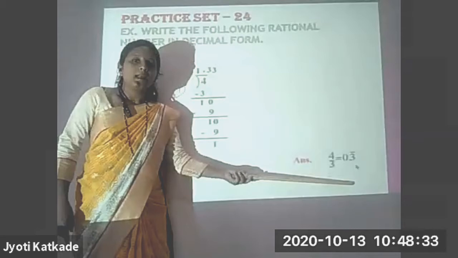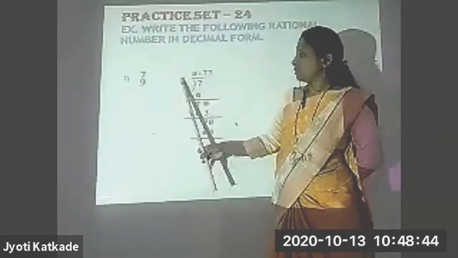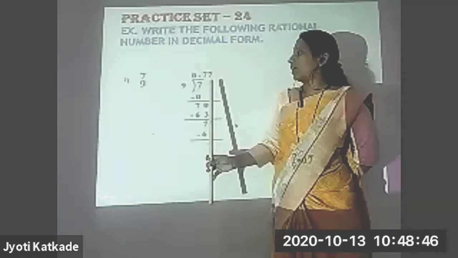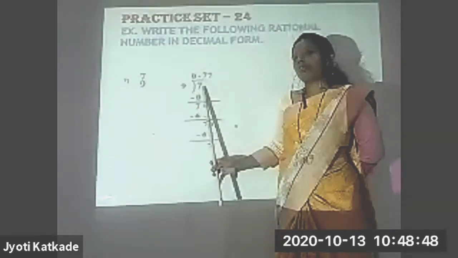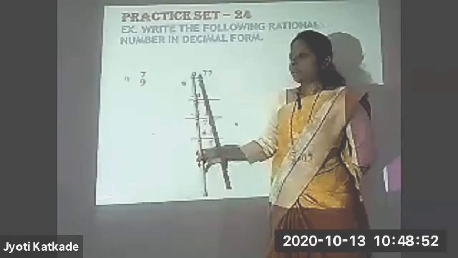Understand? Next example. 7 divided by 9. Divide 7 by 9. Now all of you understand, I think 7 is a smaller value, so we can't divide 7 by 9.